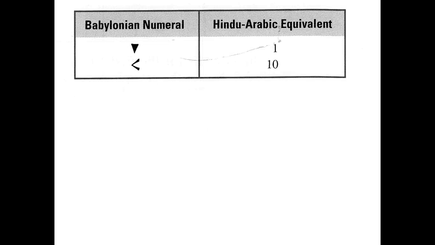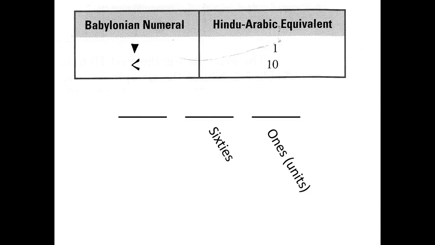So let's think about this idea of place value. The Babylonians had to think about grouping by 60s. So the rightmost group represented the number of ones or units. The group to the left of that represented how many groups of 60s they have, and the group to the left of that represented how many groups of 60 times 60, or 3600s, they would have.